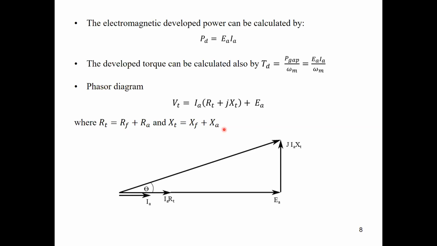So simply, this is the phasor diagram. As we described from the beginning, we have current and EMF in the same direction. So if this is the direction of IA, and we need to represent this mathematical model, IARA will be in phase with IA, plus EA, plus jIAXT, which is perpendicular to the current direction, and the sum of this relation will be the terminal voltage.